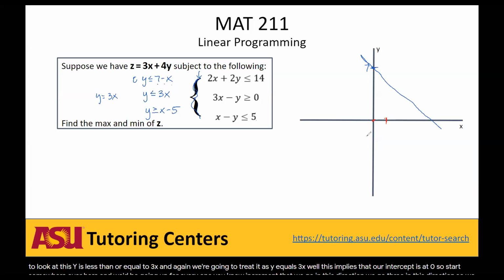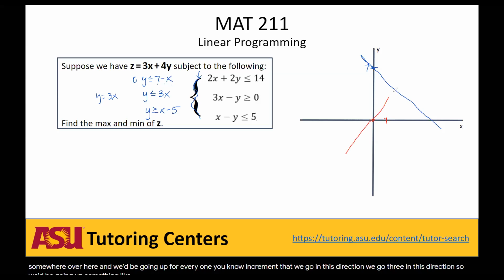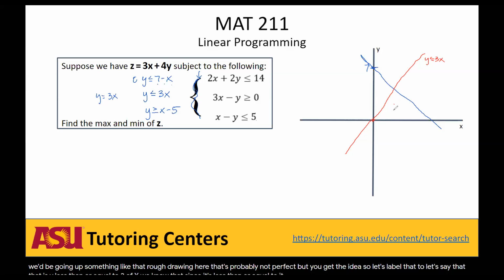So we'd be going up something like that. Rough drawing here, that's probably not perfect, but you get the idea. So let's label that too. Let's say that that is y less than or equal to 3x. And we know that since it's less than or equal to, it'll be down here.